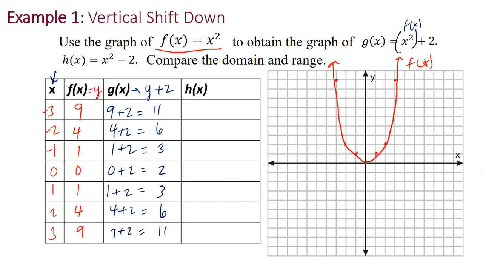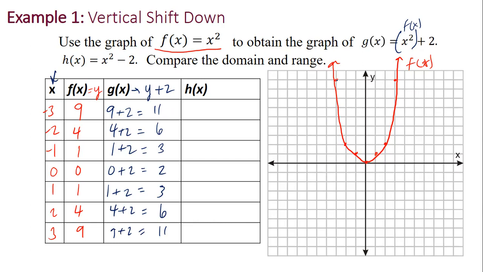A U? It's been a U the whole time. We literally just drew a parabola right now. I'm going to use the same x values, but now using my new y values.